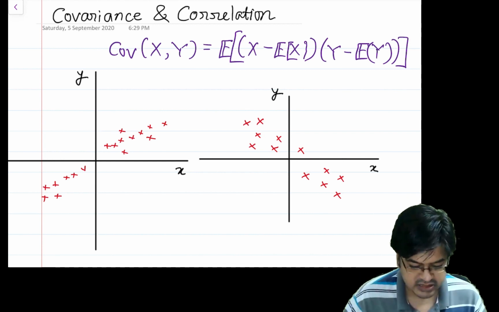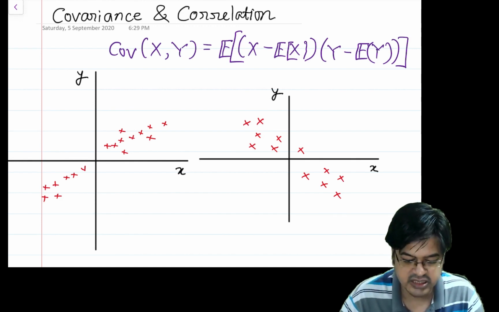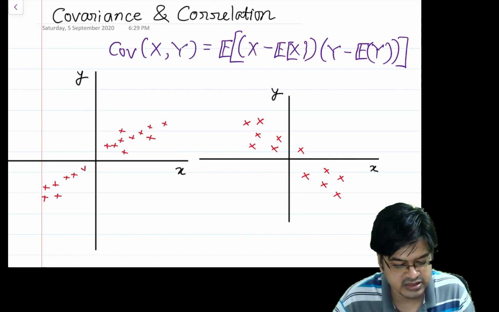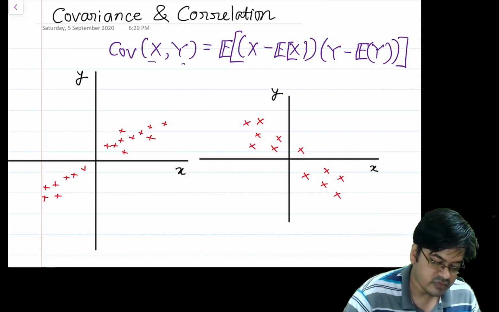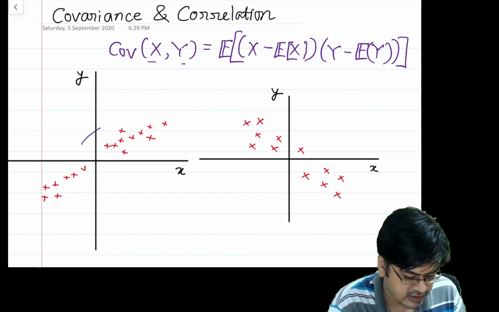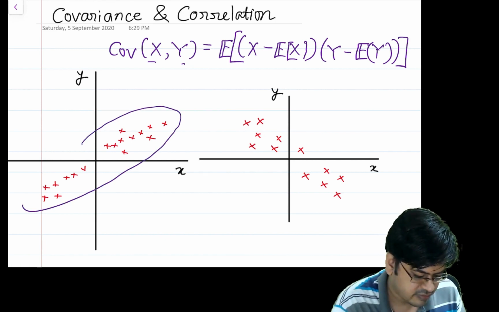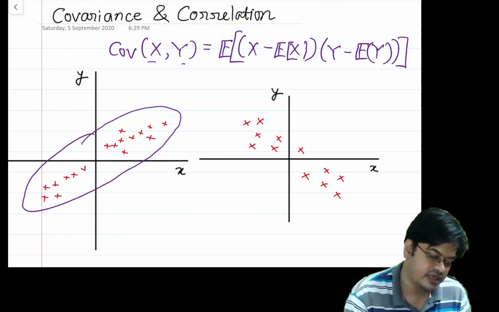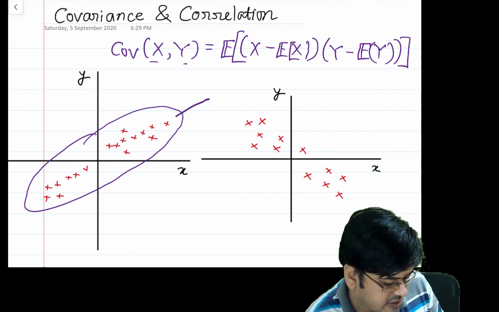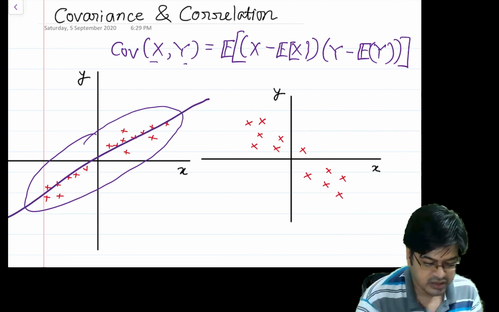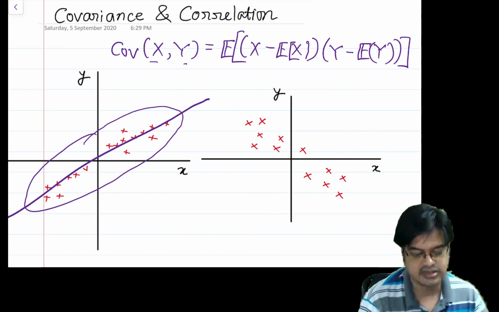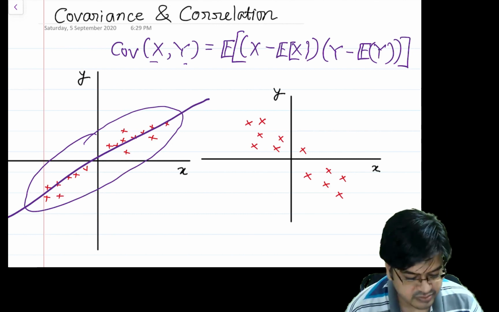It measures the degree of linear relation between the two variables X and Y. In this diagram, if I try to fit a straight line, then the degree of linear relation, which is the slope of this line, is going to be positive.